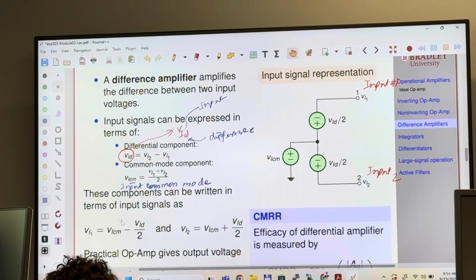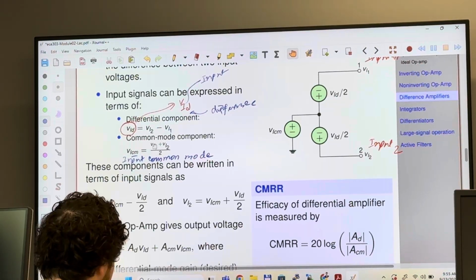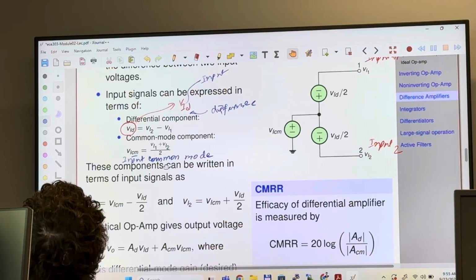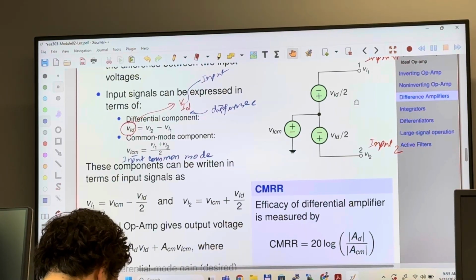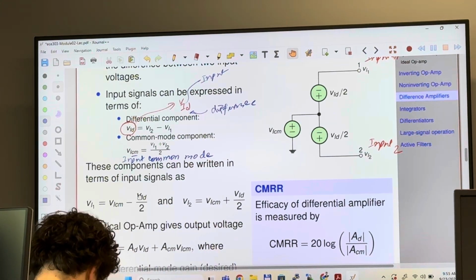Okay, so once you have these two equations, you can solve for VI sub 1 and VI sub 2. You can represent these two inputs in terms of the common mode and differential component.